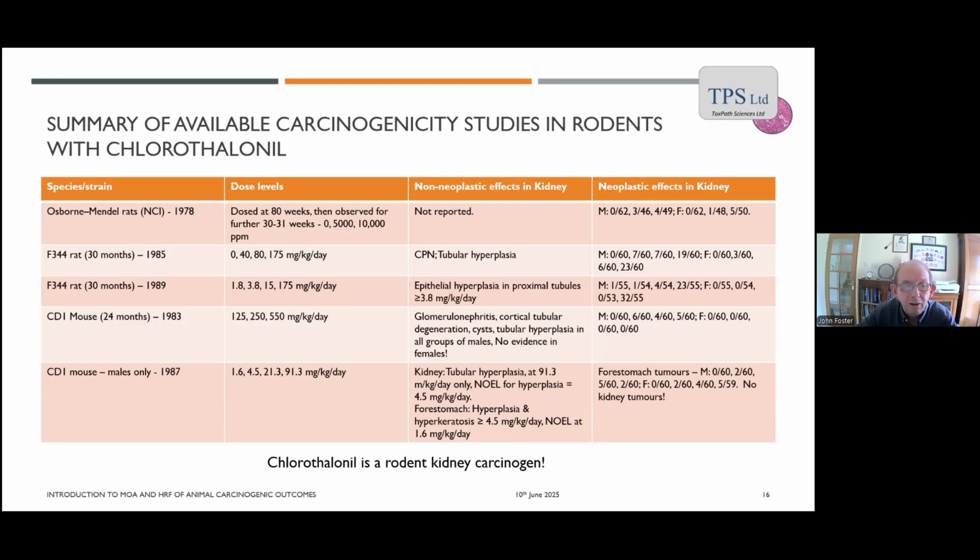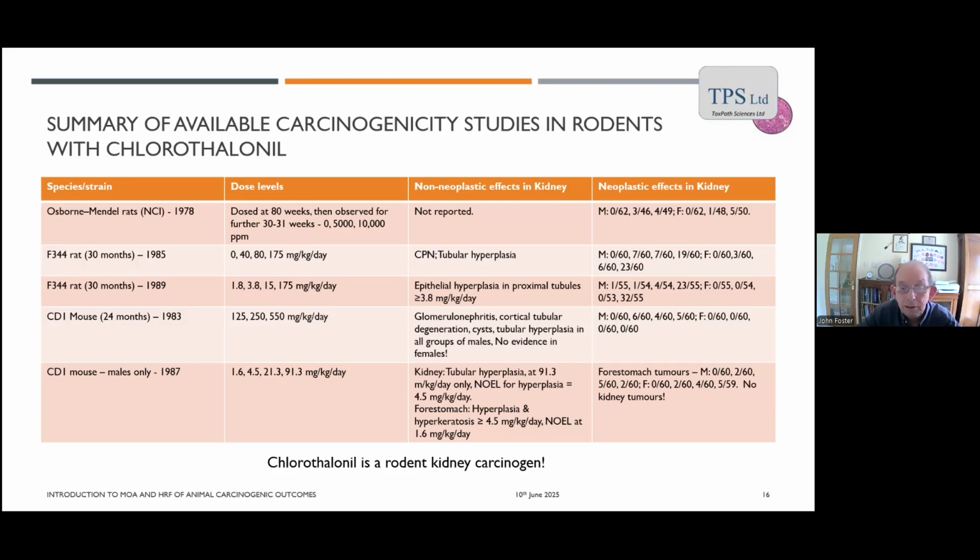If you looked at higher dose levels for the full 2 years here, then you've got 0, 7, 7, 19 in the males, and then 0, 3, 6, 23 in the females. That's pretty convincing, and similar effects you saw in the 30-month study that was conducted in 1989, but at lower dose levels, because these dose levels were there to look for no effect levels.